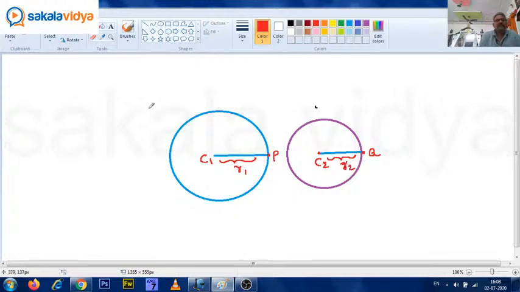So now we need to discuss the position of one circle with respect to the other circle.